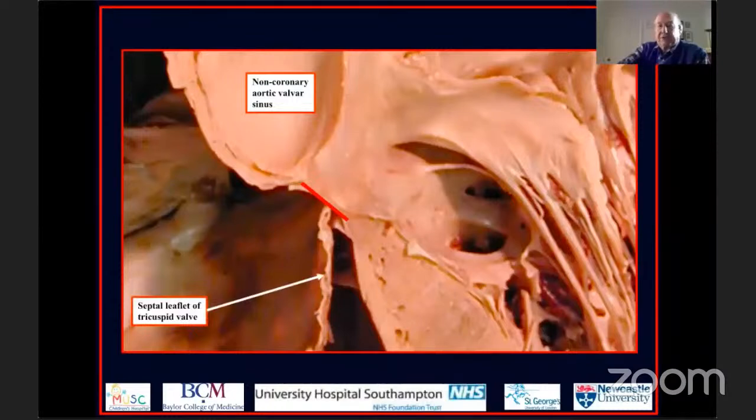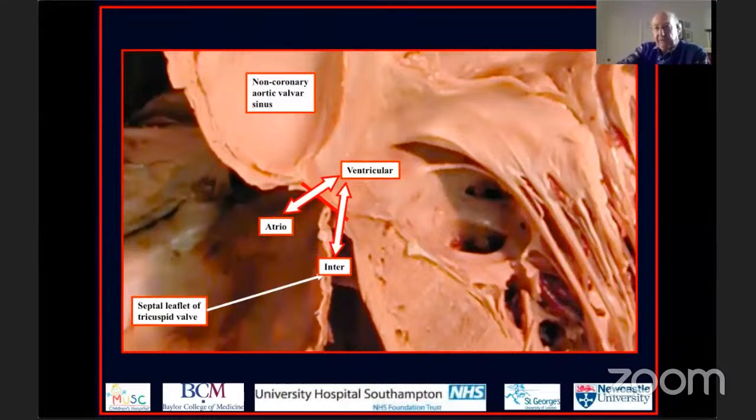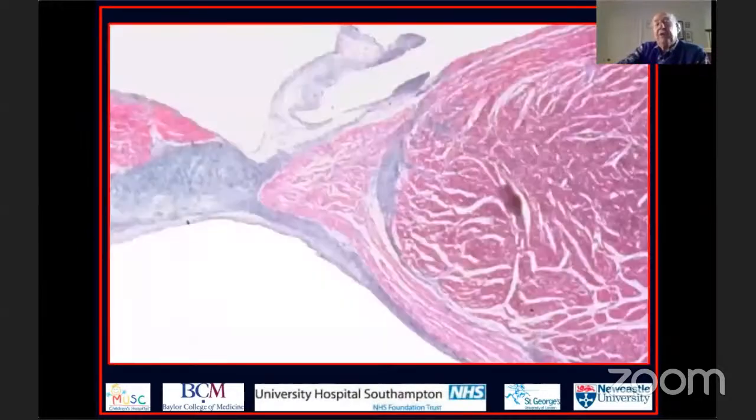And in most instances, it is crossed by the attachment of the septal leaflet of the tricuspid valve, dividing it into a part that is atrioventricular and a part that is interventricular. This arrangement is never seen in the setting of Ebstein's malformation because the hinge of the septal leaflet is displaced apically. So all of the membranous septum in the setting of Ebstein's malformation is an atrioventricular structure.